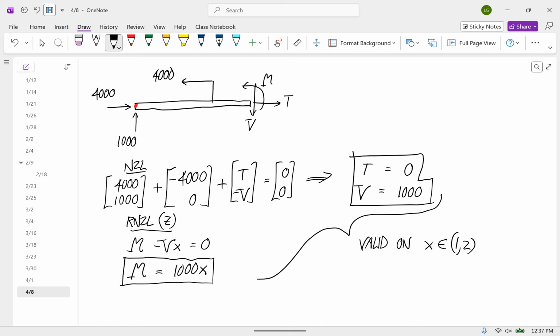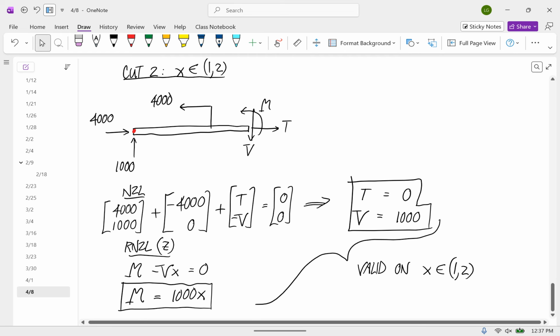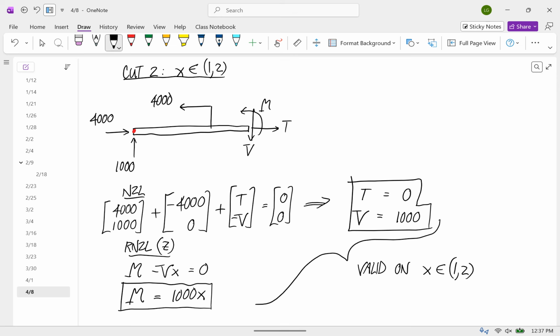So now we have our internal loads, and we have to think a little bit about what's going to happen when we calculate stresses from these. From the bending moment, we're always going to have one positive normal stress and one negative normal stress, at either the top or the bottom.